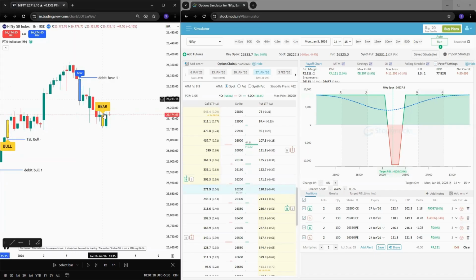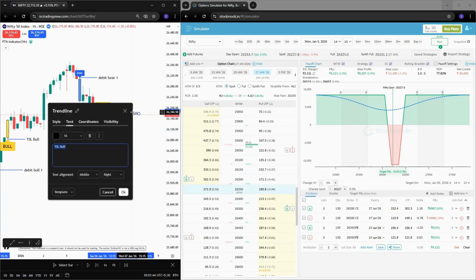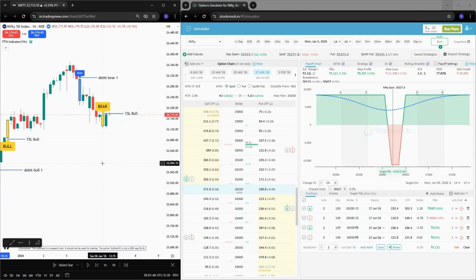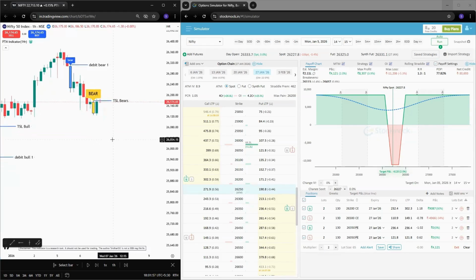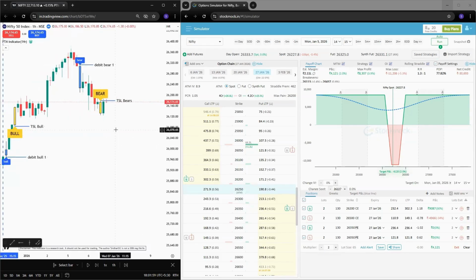So this new big bear signal becomes my trailing stop loss for all bears, all bearish positions. This becomes my new trailing stop loss. So if any candle closes above it, I have to exit all my bearish debit spreads. Okay. Very simple. It's nothing complicated.